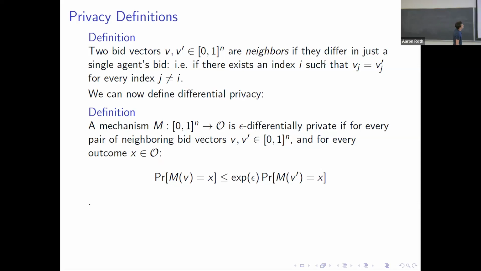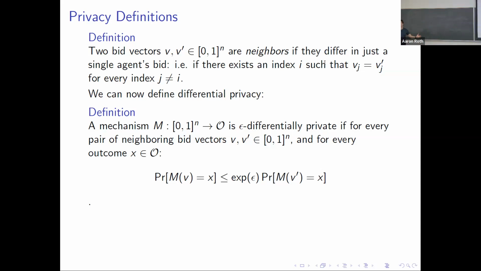We say that this mechanism is differentially private with parameter epsilon if for every pair of neighboring bid vectors, for every set of bids for the bidders, and for any deviation that bidder i might consider making, and for every outcome the mechanism might produce, like for every price it might decide to charge everybody, the probability that it produces that outcome if the input is v, say if bidder i decides to tell the truth, should be close to the probability that the mechanism produces the same outcome if the input was v prime.